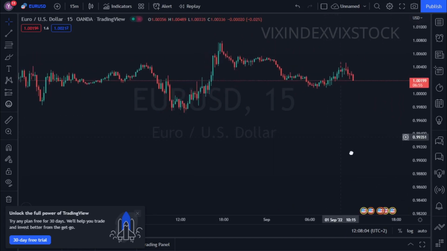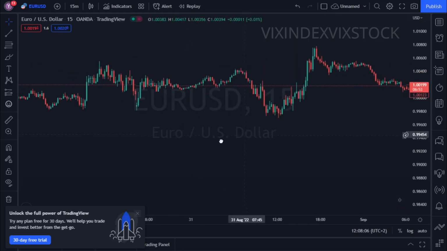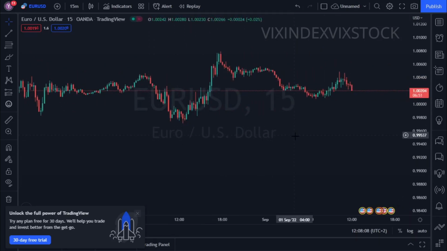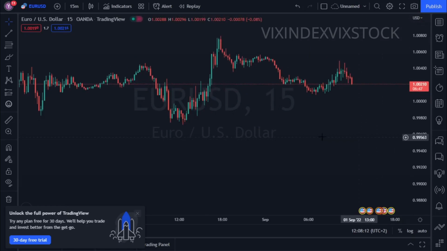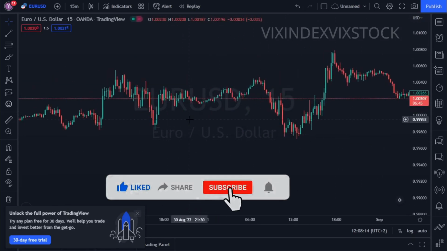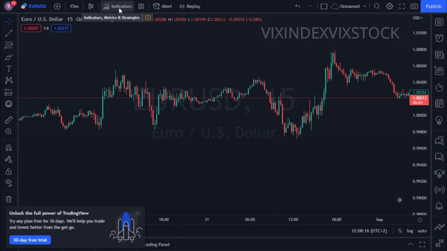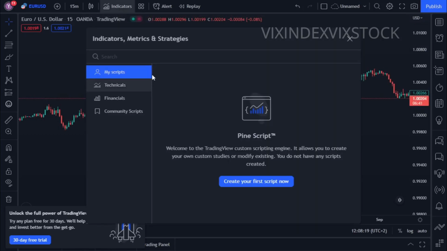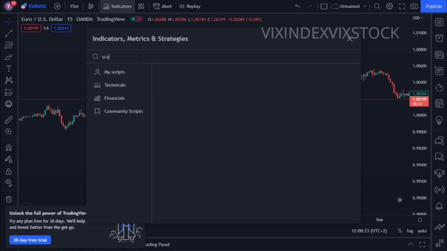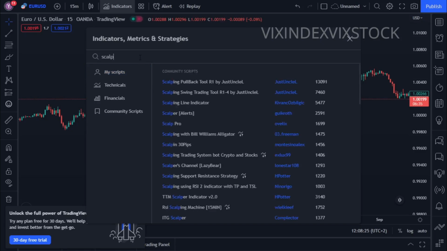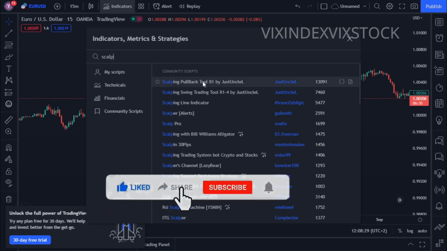Okay, so this is Euro USD on the 15-minute time frame, and I'm going to show you how you can scalp the markets using the 15-minute time frame. So we are going to go to indicators. Obviously, we are on Tradingview. So what we are going to do is look for a scalping indicator, and we are going to use this first one by Just Anchor.